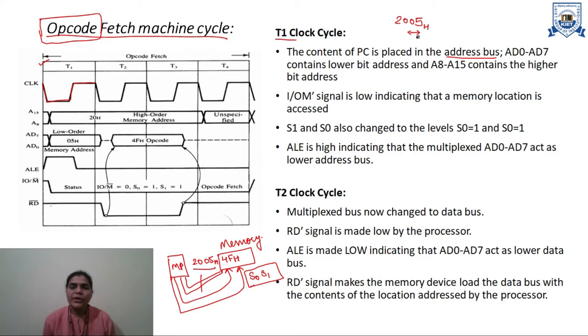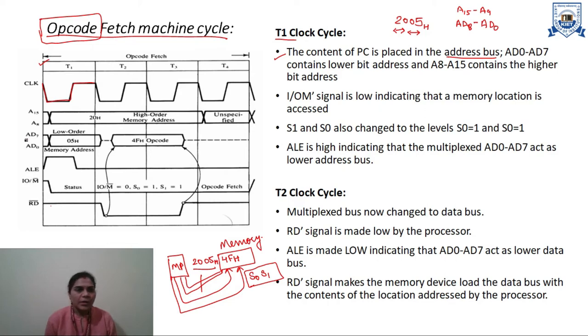Lower order address will be placed on the lower order address buses. These are multiplexed buses. And higher order address will be placed on the higher order address buses. So in the first T state, the address will be placed on the address buses.